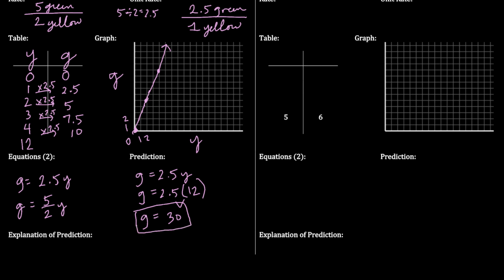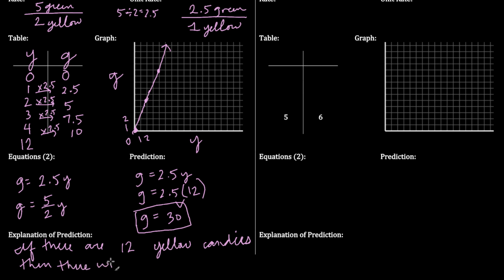So let's explain that prediction. If there are 12 yellow candies, then there will be 30 green candies.